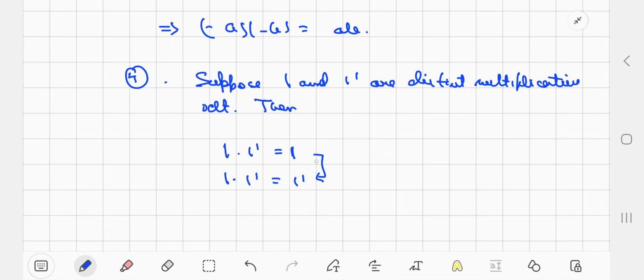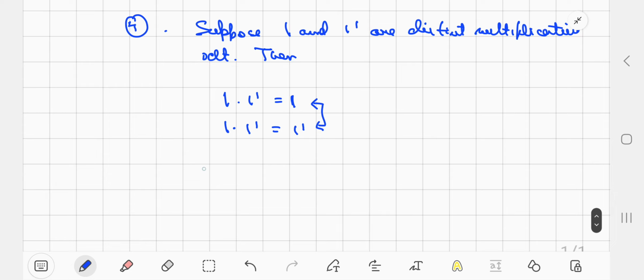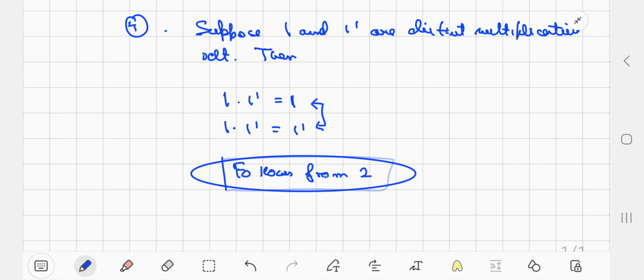So we have an equality of them both. This is pretty obvious, right? And the other part, I guess you should be able to do that. You can just use 2. So I will just write: follows from 2.